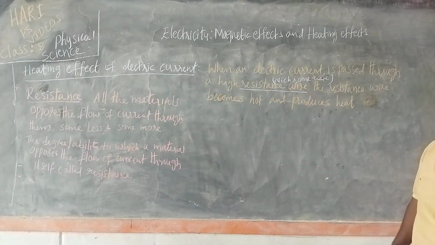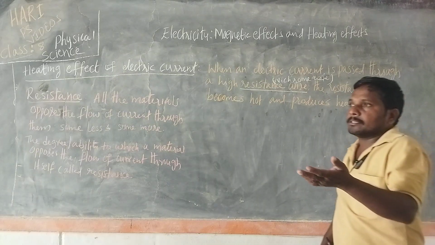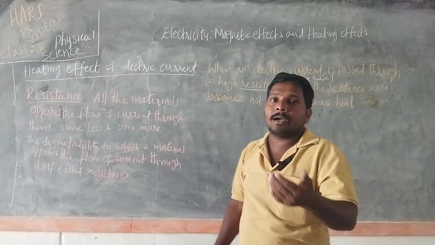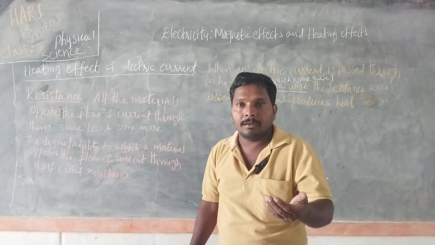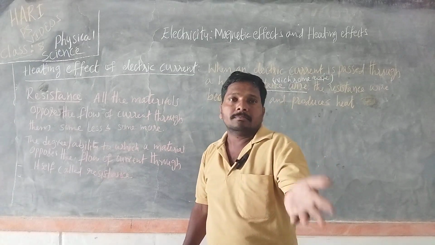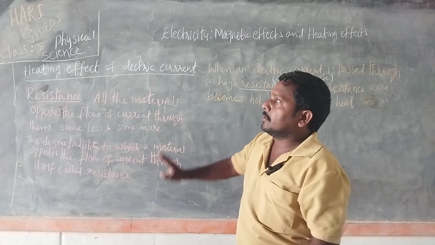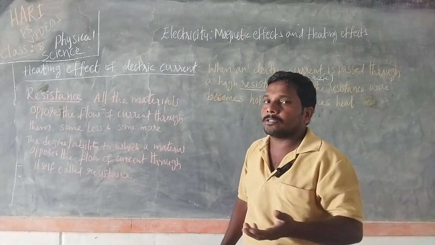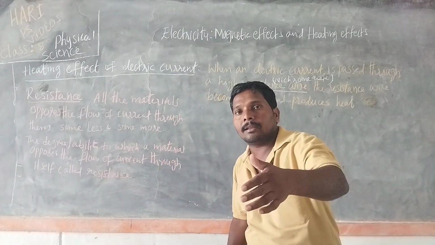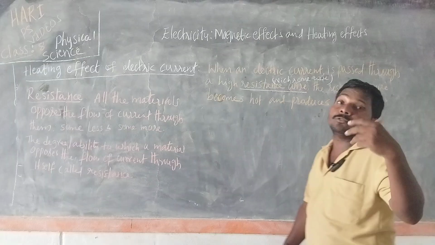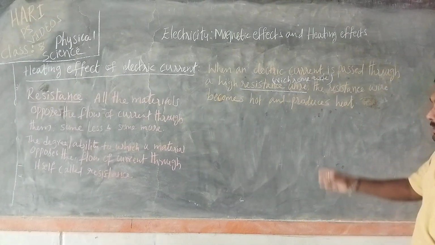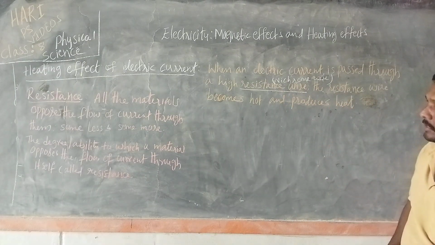So the magnetic effect of electric current means if a current is passed through a metallic wire, magnetism is generated. If the electric current is passed through a high resistance wire, it produces heat. That is called the heating effect.